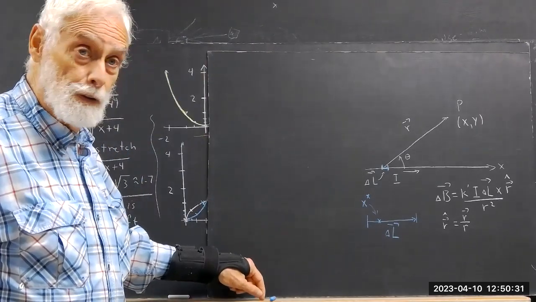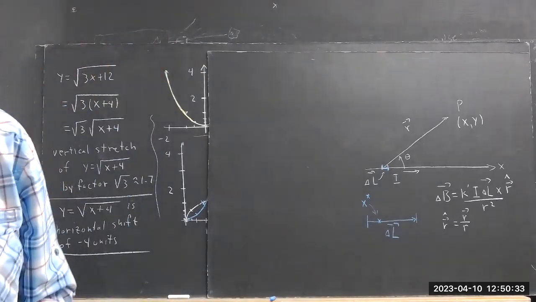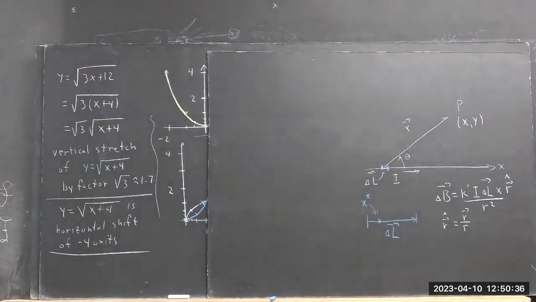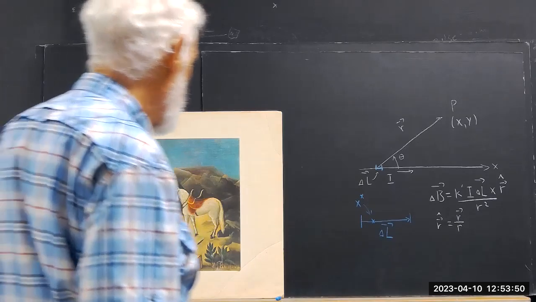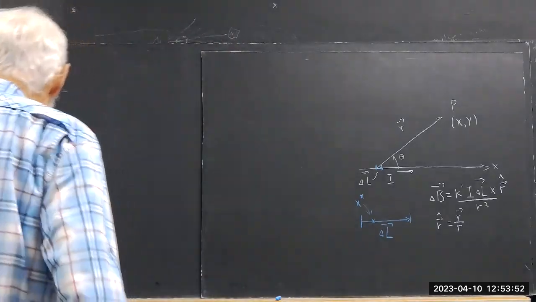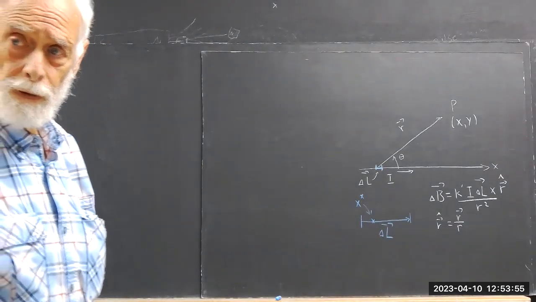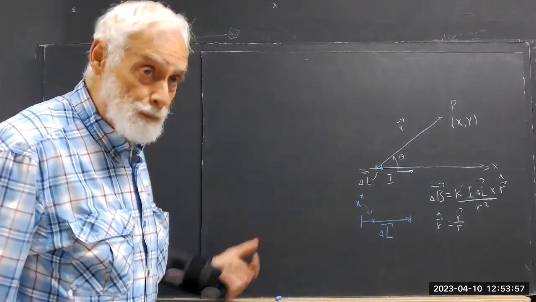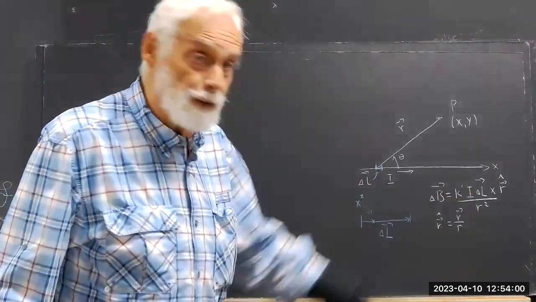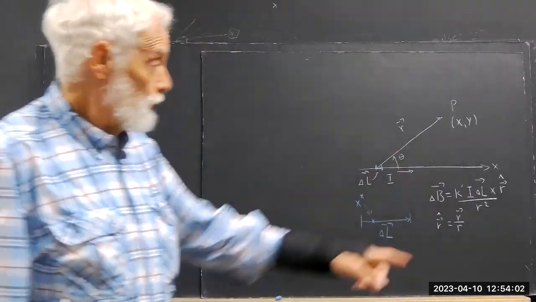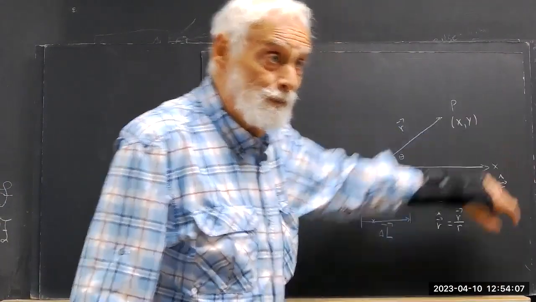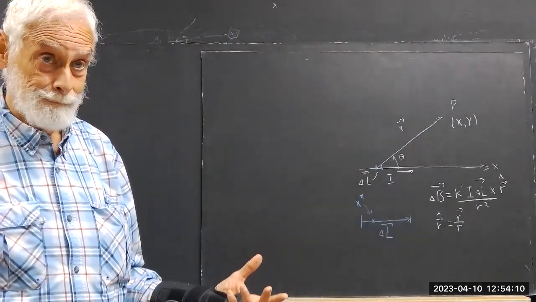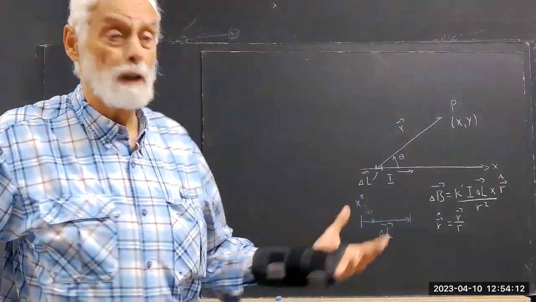Field just due to this little segment. Okay, fingers in the direction of I delta L, whatever your cross product is, your fingers go in this direction, and you turn toward this direction. You really want to get used to that, especially if you're going to do anything like this.